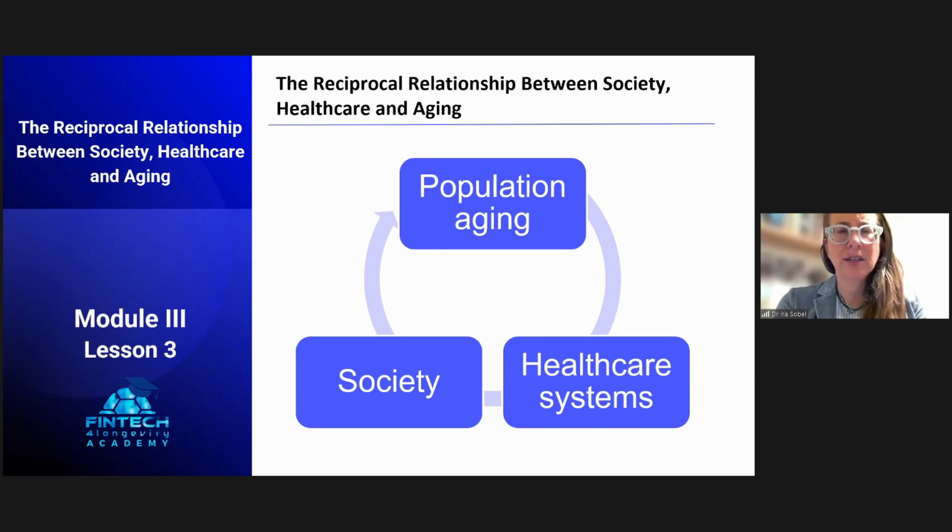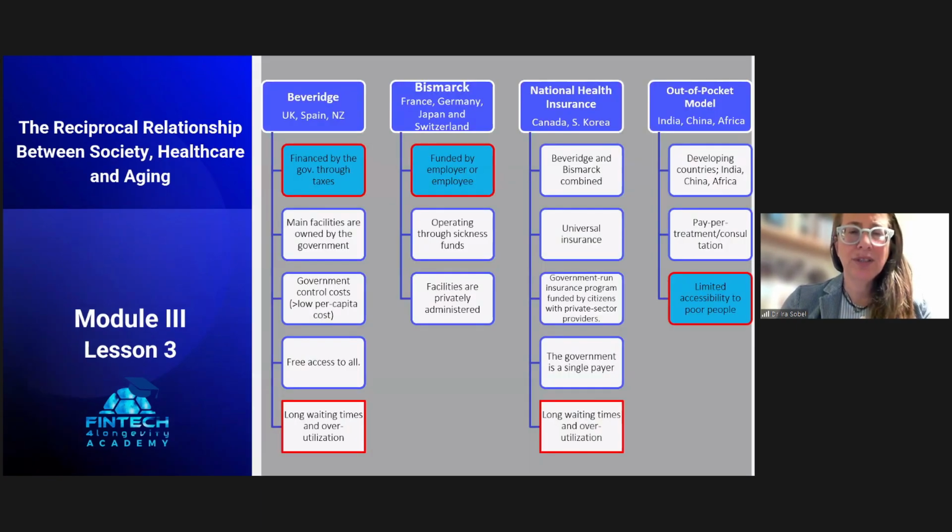And also society plays an important role in the relationship between social attributes of health and population aging and healthcare systems. So we consider a reciprocal relationship between all these three components. Now let's move on to discuss the US healthcare systems.